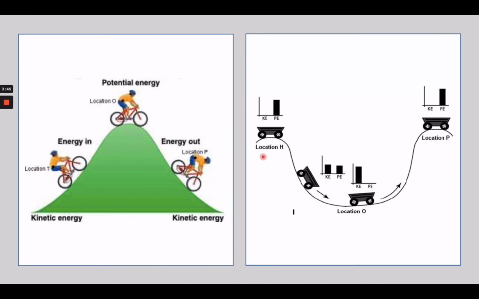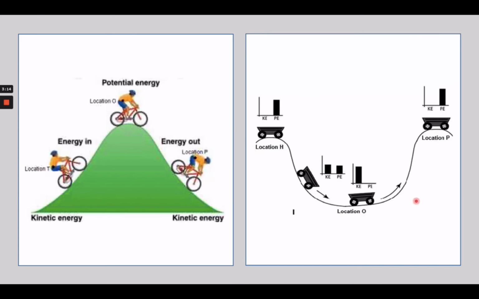Now, as the cart moves from location H to location O, the potential energy decreases, given again because the position change, and at the same time, since it's moving, it has already a kinetic energy. So if you notice the graph here, we have potential energy and we have kinetic energy for this particular position.